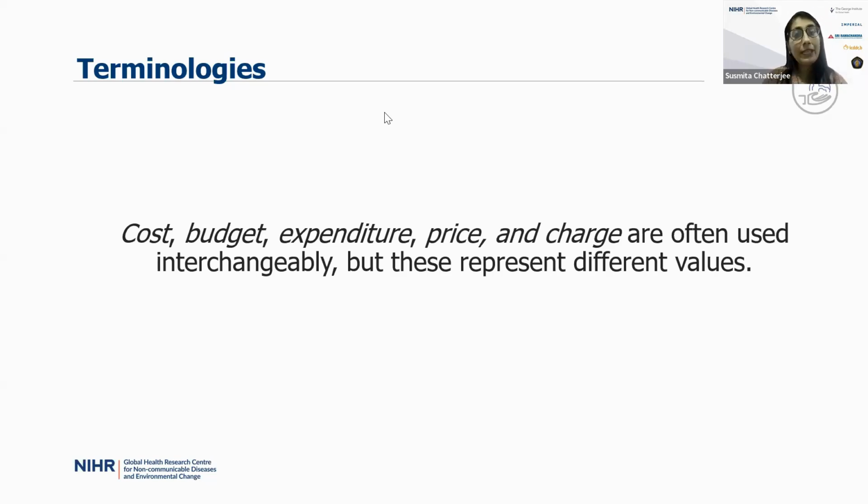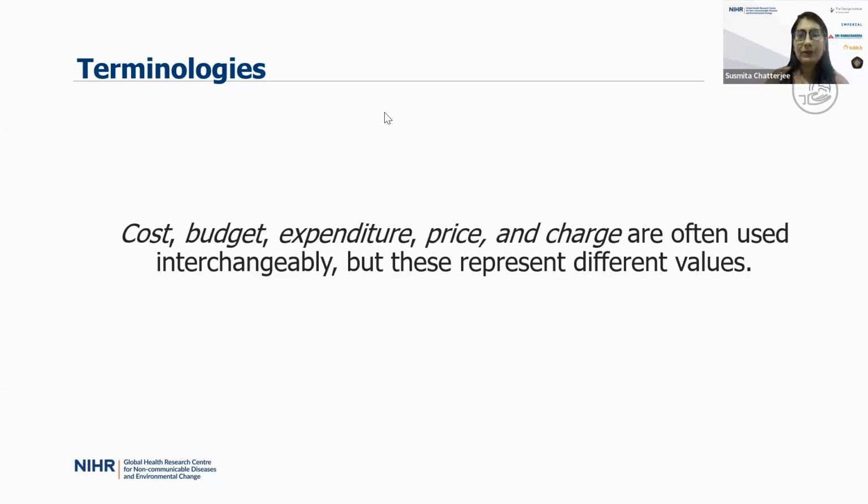The problem is that you don't know how much the profit margin is. If we knew the profit margin, you could guess something, but we really don't know. So charge is not the cost. If you want to do a costing of any services provided by any sector, you have to find out everything.